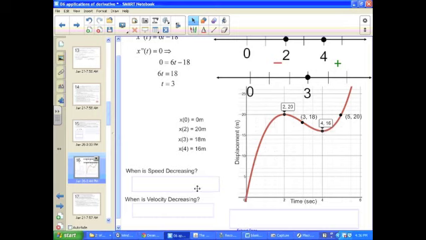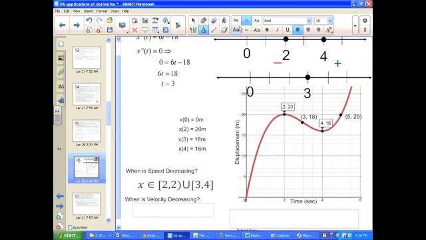So the speed is actually decreasing from 0, oh, that's a typo, that should say from 0 to 2 seconds, or from 3 to 4 seconds.